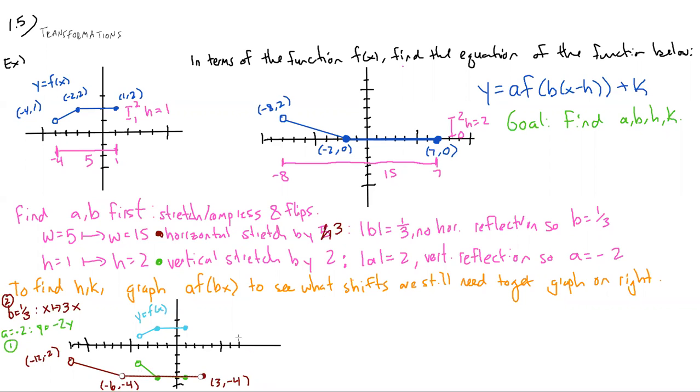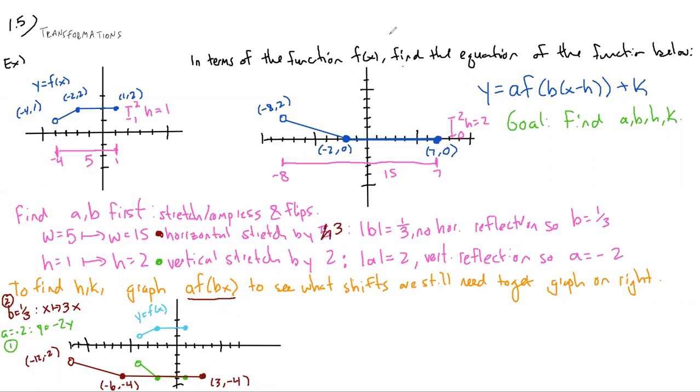There we go. And so this graph here is going to be the complete A times f of bx. And so really all that we have to do at this point is those two shifts.